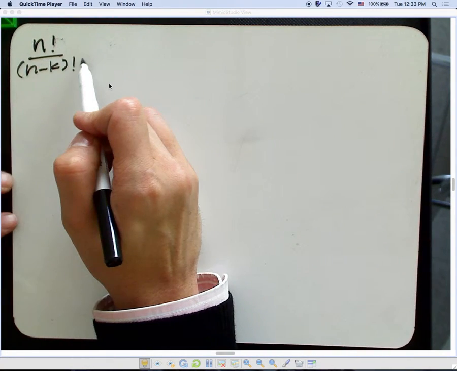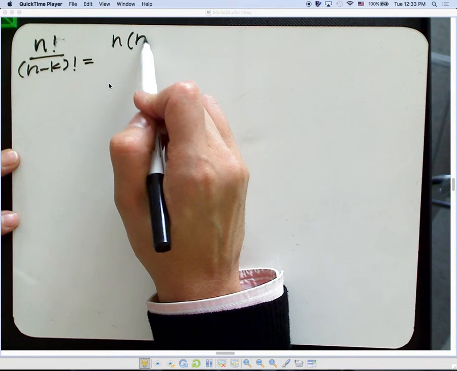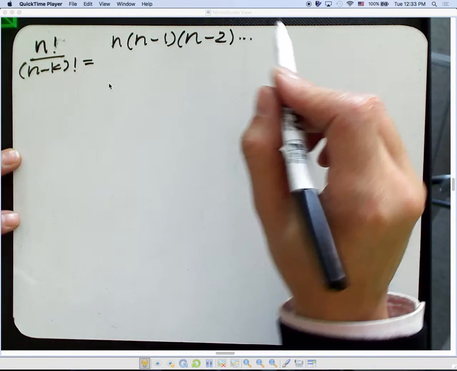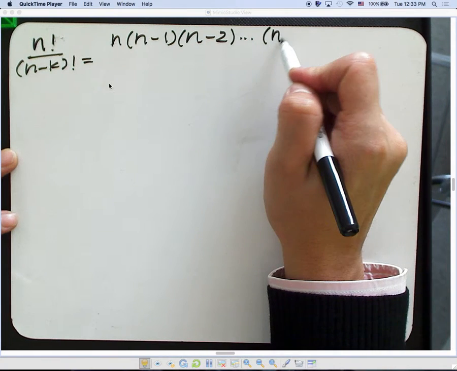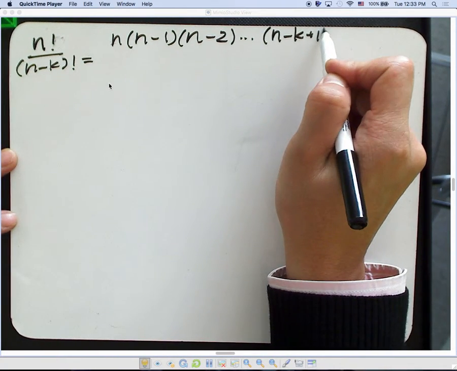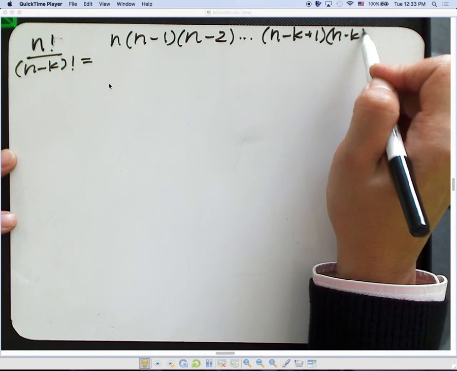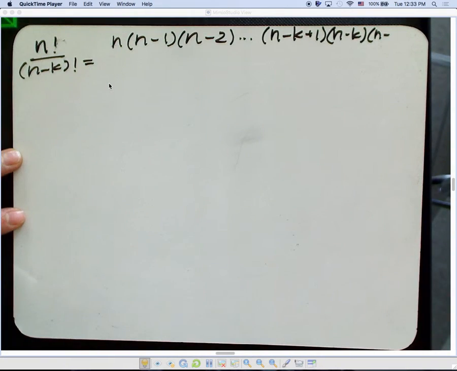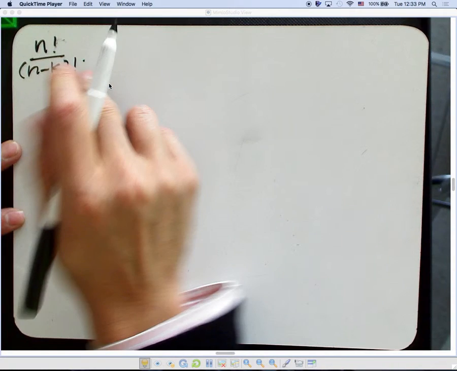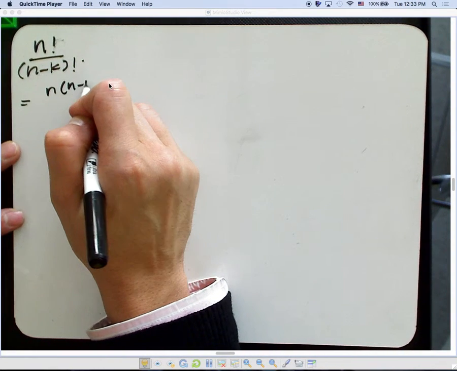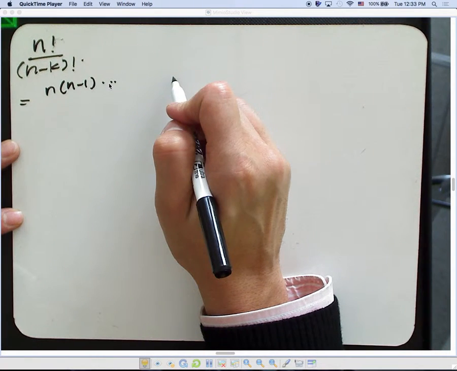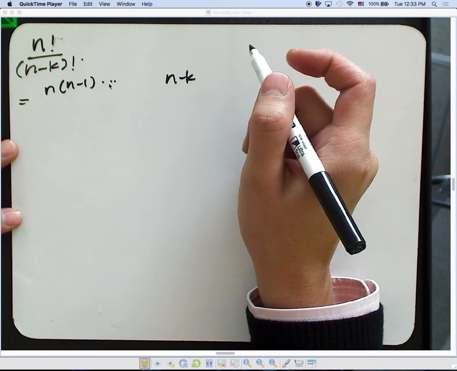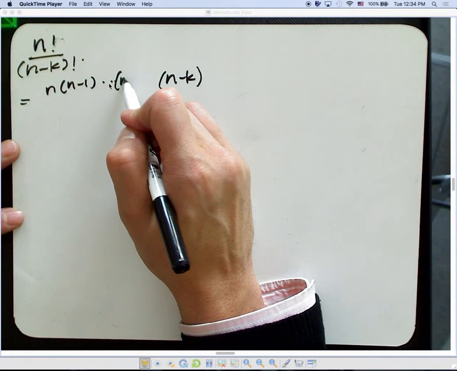That means n times 1 less than n times 2 less than n, and so on. Before we hit n minus k, which in our previous case is 3 because 7 minus 4 is 3, we have n minus k plus 1.